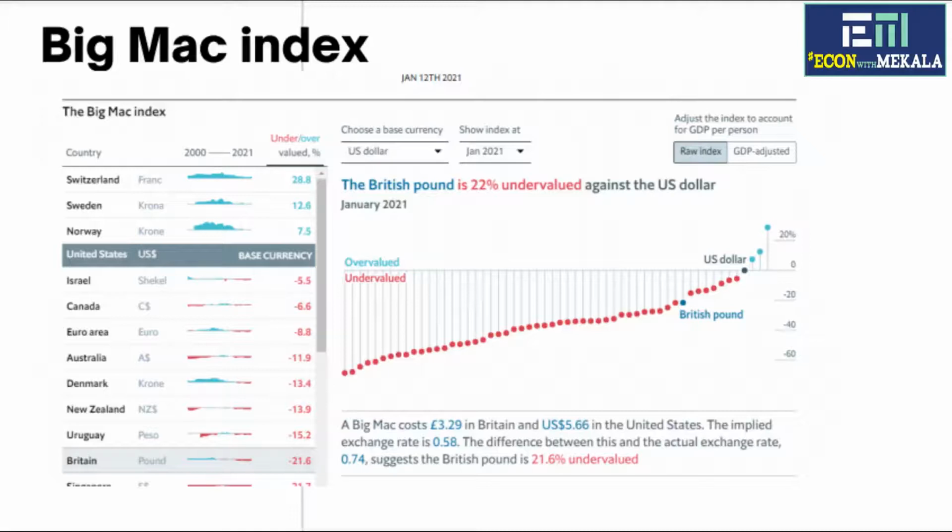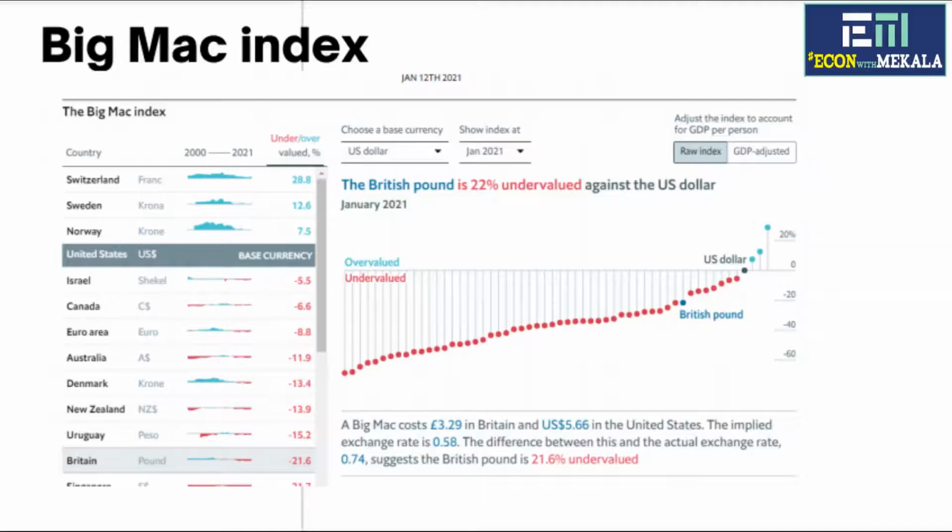If you look at this graph, you can see the price of a Big Mac is £3.29 in the UK, whereas the same Big Mac is priced $5.66 in the United States. So if we use this ratio, the exchange rate should be 0.58.